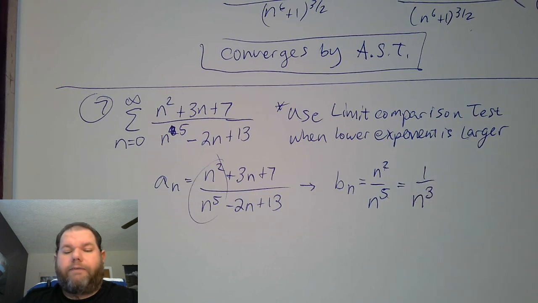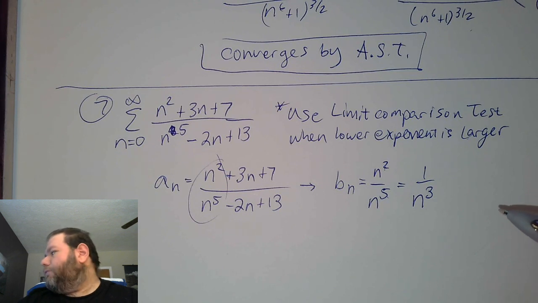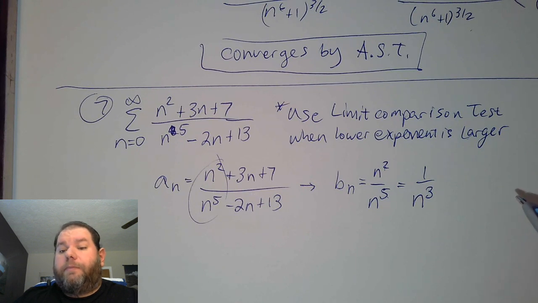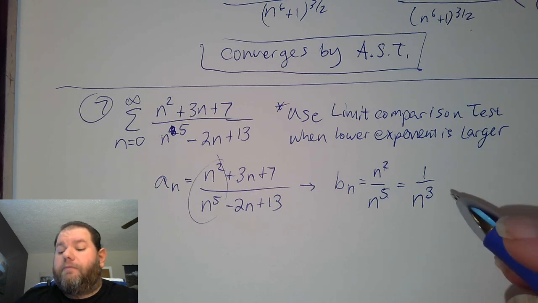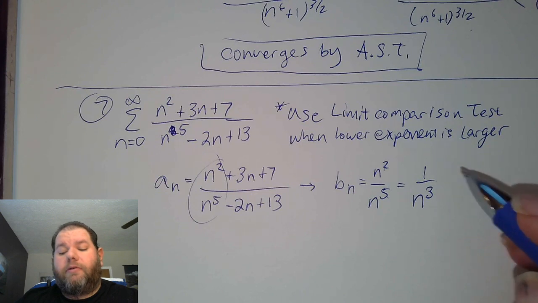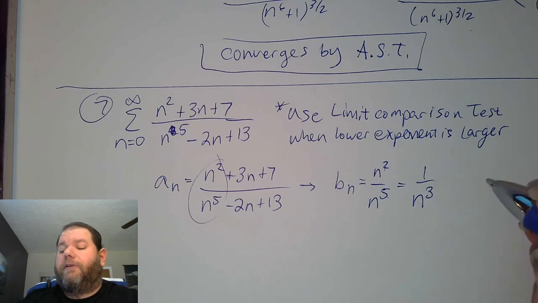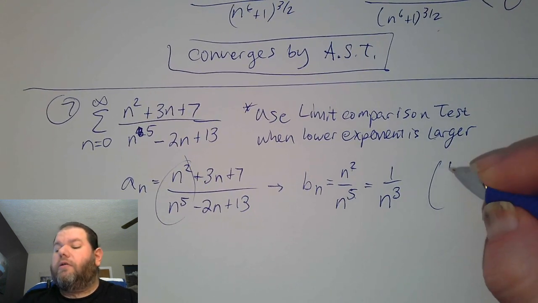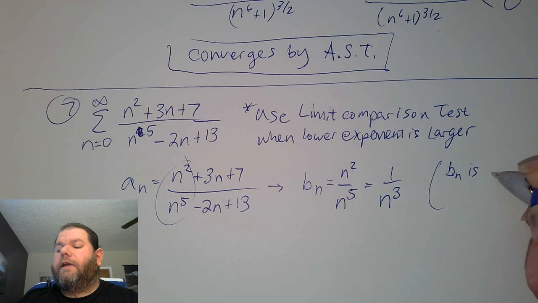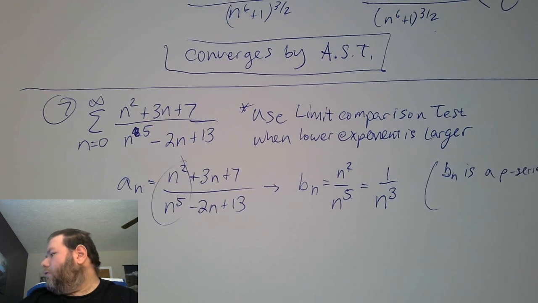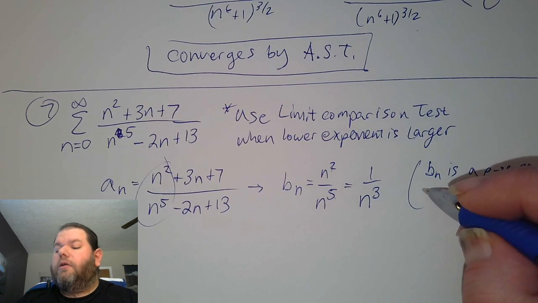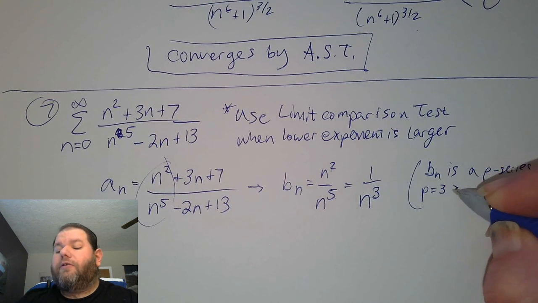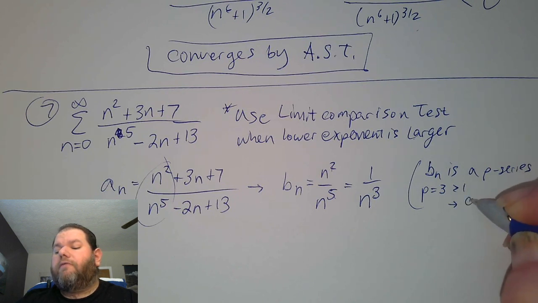Take away 2 from 5. Now, that's b sub n, 1 over n cubed. We'll notice at this point that b sub n is a p-series. P is equal to 3, which is larger than 1, so it converges.